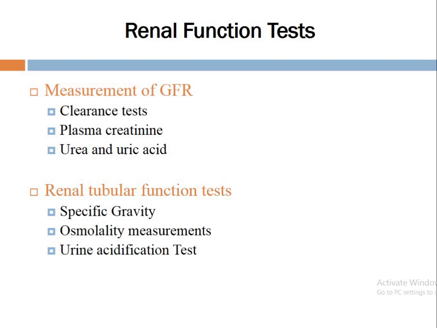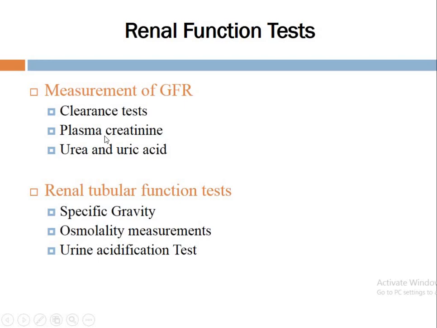So the renal function tests can be done on the basis of measurement of the GFR, that is the glomerular filtration rate, and there are tests for measurement of renal tubular functions. For measurement of GFR, there are clearance tests available.